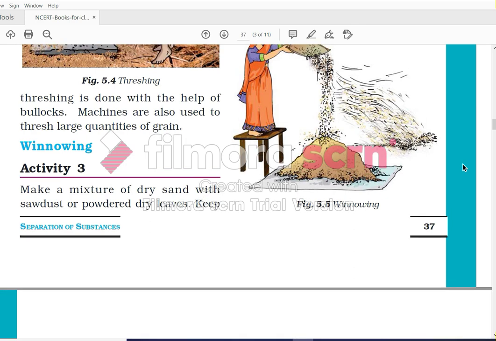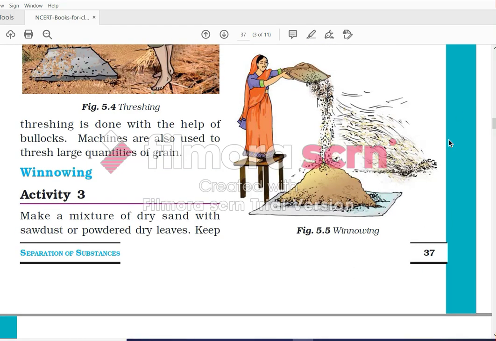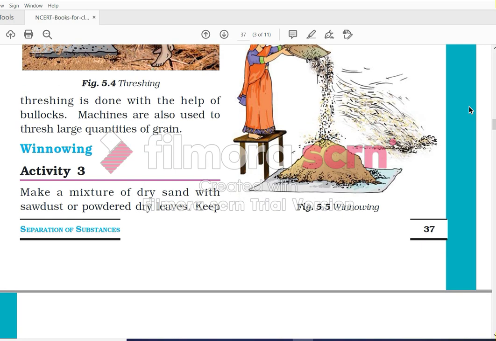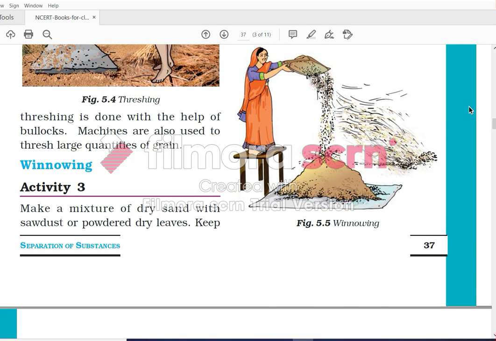So here is a diagram where a lady is standing at a height and she has kept a plate or a tray at a height, tilted to some angle, and all the seeds fall directly down, and the husk, the sawdust and the sand are separated at an angle different from the seeds.